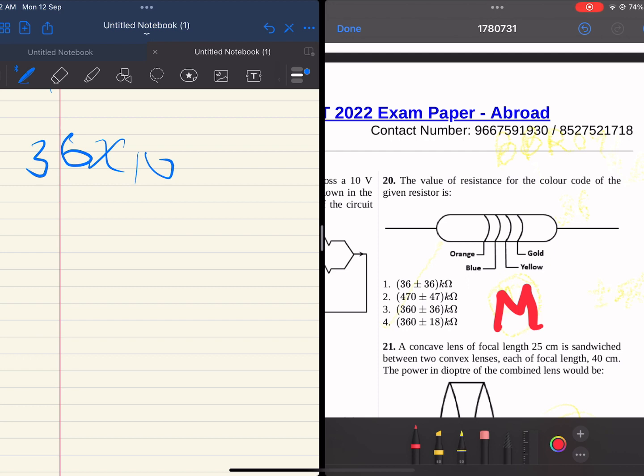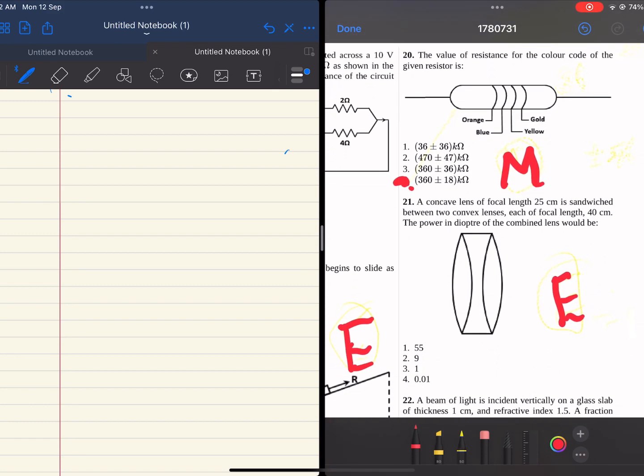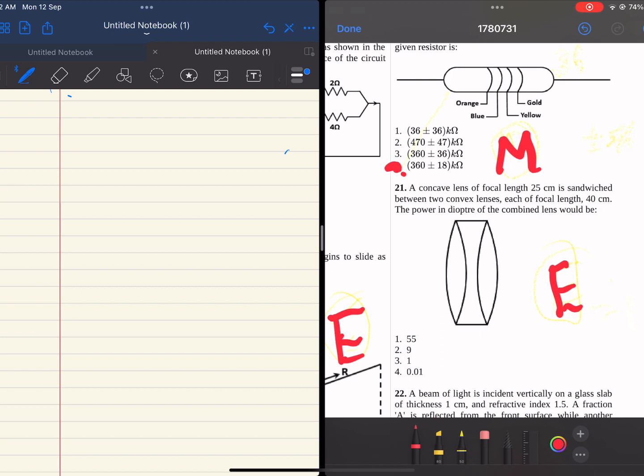For orange it comes out to be 3, so we first write it as 3, and for blue it comes out to be 6, so we write it as 6, and the decimal multiplier for yellow comes out to be 10 power 4, so 36 into 10 power 4, and error will be plus minus 5% for gold. So we can take 10 power 4 outside as 360 kilo ohm, and 5% of 360 is 18, so option 4 is the right answer.